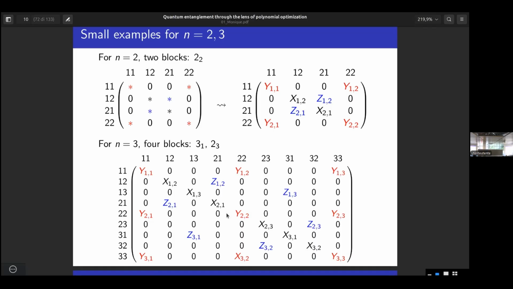You have a red block, Y, of size 3 by 3, and then you should have 3 choose 2 blocks. So the basic state, rho AB, has this nice block diagonal structure.